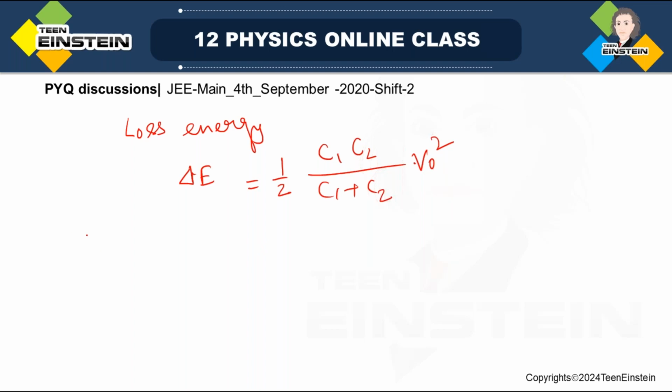C1 C2, we know C1 is C and C2 is C by 2. So C1 into C2 is 1 over 2, so this is 1 over 4.